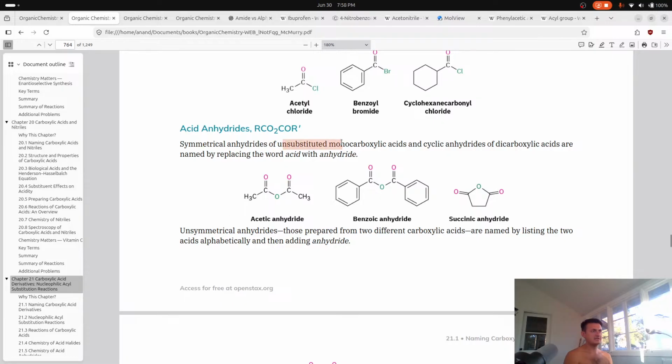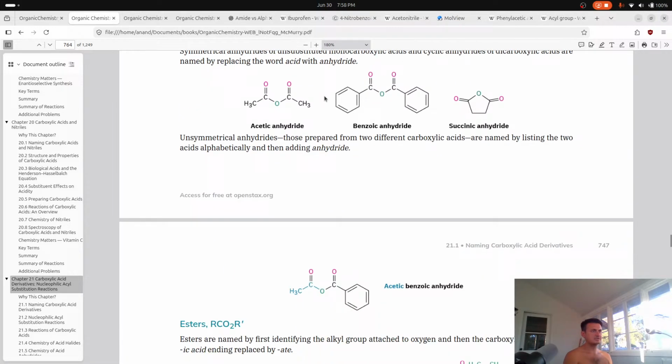Okay, I don't exactly understand what they mean by unsubstituted monocarboxylic acid. But in any case, these names make sense.